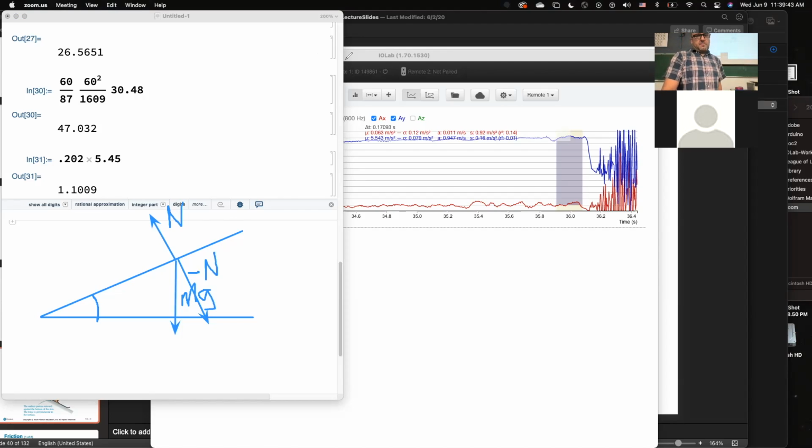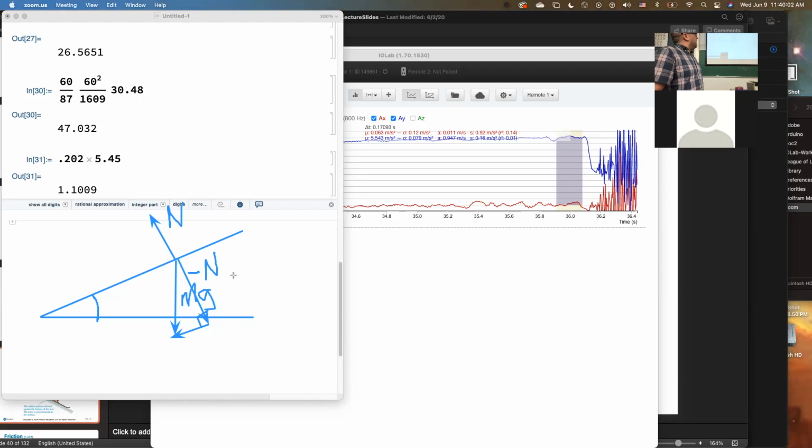And now I've got a triangle. The 90-degree angle of my triangle is right there. The hypotenuse is m times g. The adjacent side of my angle.